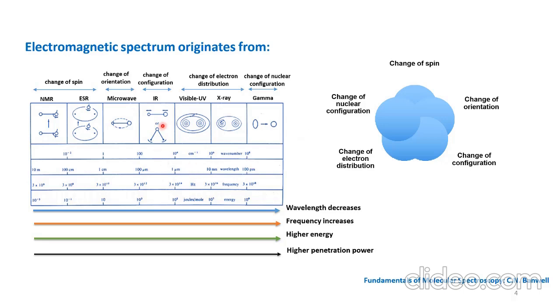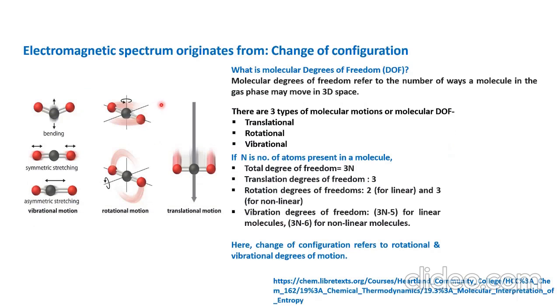In the IR again, we can have different ranges as I have already mentioned, and the frequency and energy depend upon the wavelength of the radiation. Basically, for the IR, the material should have some change in the configuration, or the dipole moment should change.